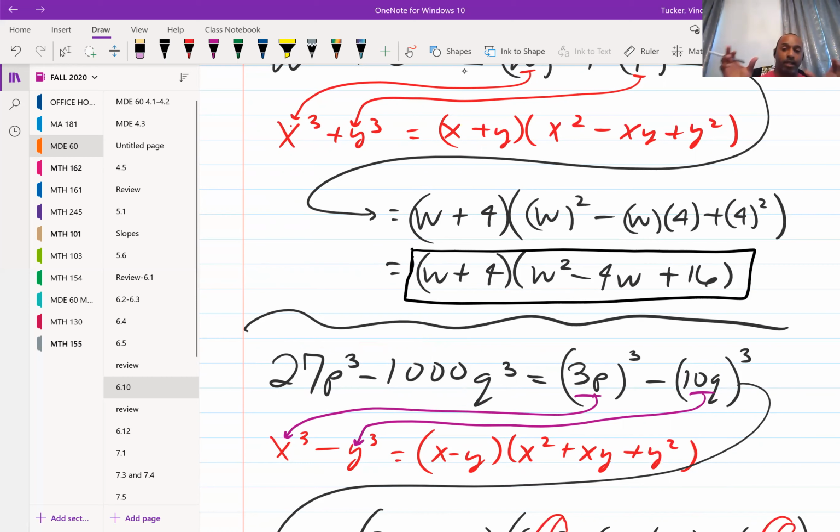So once you've established that you have perfect cubes and what they are, once again, the first one, which is 3p for us, that will go in for x in the formula. 10q will go in for y in the formula. And so once again, make sure you pay attention to your signs because we're dealing with subtraction, the difference of cubes.